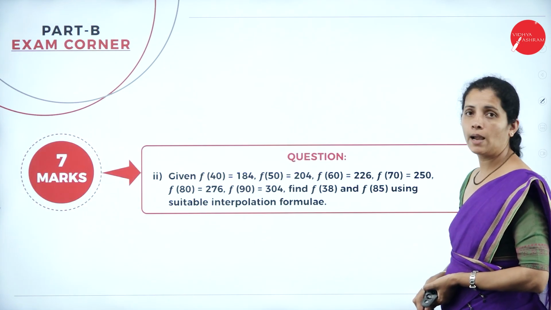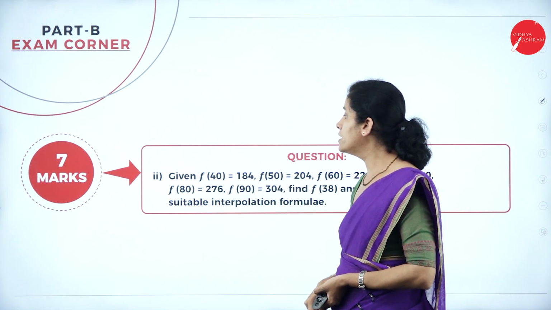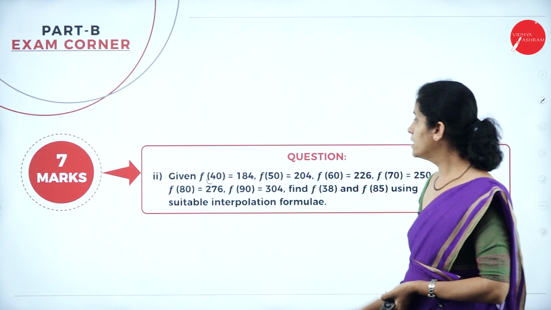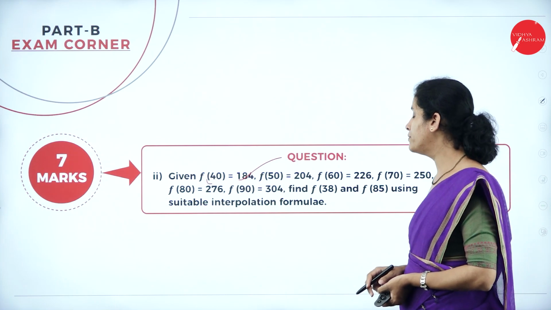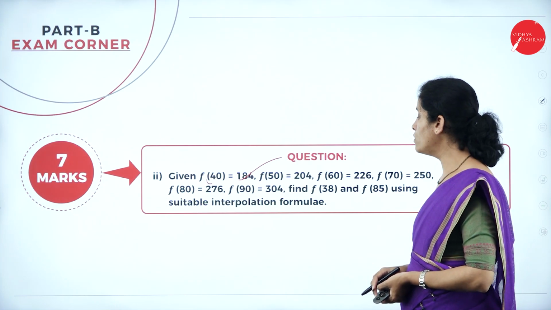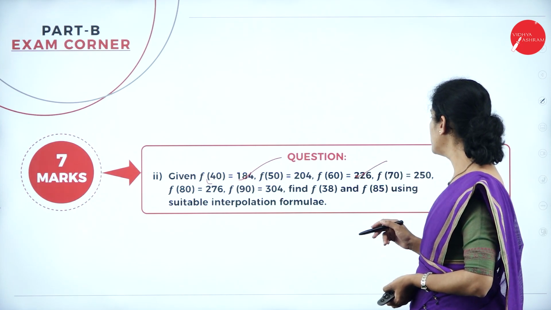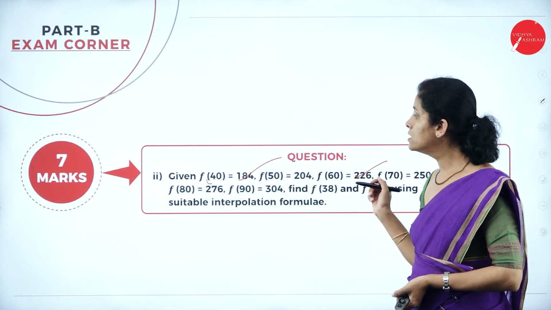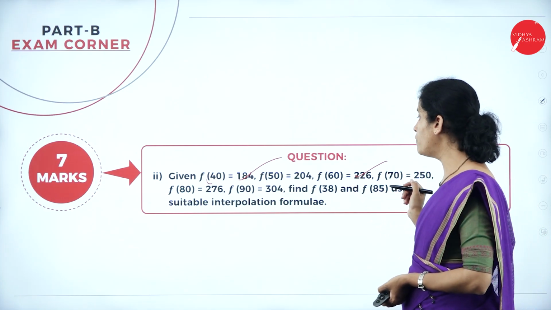Now, dear student, I'm going to take my next question. Given f of 40 equal to 184, f of 50 is 204, f of 60 is 226, f of 70 is 250, f of 80 is 276, f of 90 is 304.